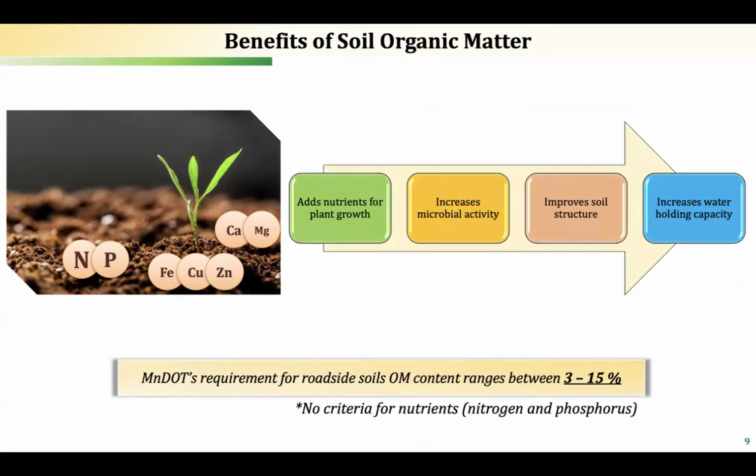And one of the main requirements of the MnDOT roadside soils was organic matter content. Whatever the mix or soil that you have, the organic matter content has to be between 3 and 15%. It didn't have any criteria for nutrients. And from here, I'll leave it to Sai. Sai, continue, please.